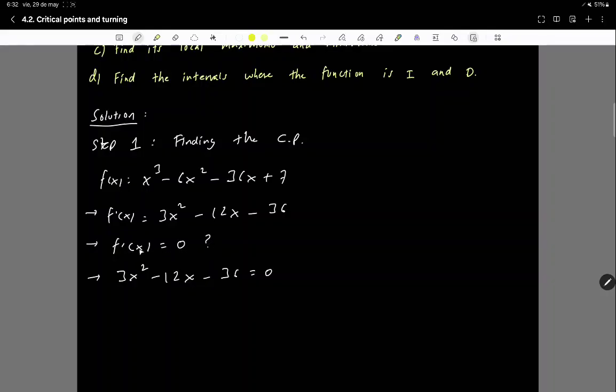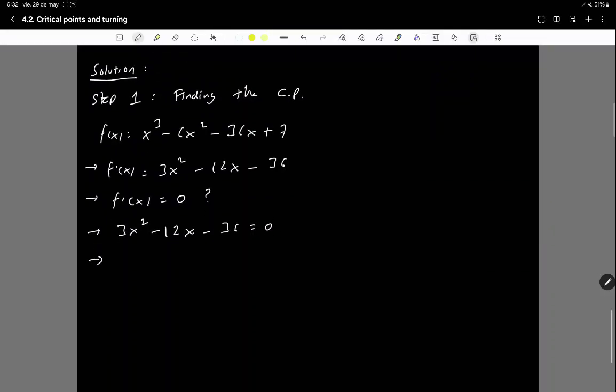What I want to find is what values of x, when I put them inside the derivative, make the derivative equal to 0. That's what I'm trying to find. Since this is the derivative, I make it equal to 0, and then I put myself to the task of finding the solutions to this equation, so I can find the values of x that make the derivative equal to 0.